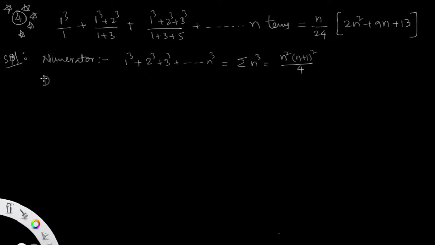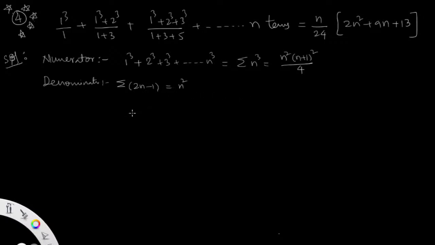In the same way, the denominator is in the form of 1, then 1 plus 3, then 1 plus 3 plus 5, going on. The series is in AP, all numbers being odd numbers, that is sigma of 2n minus 1, which is n square.